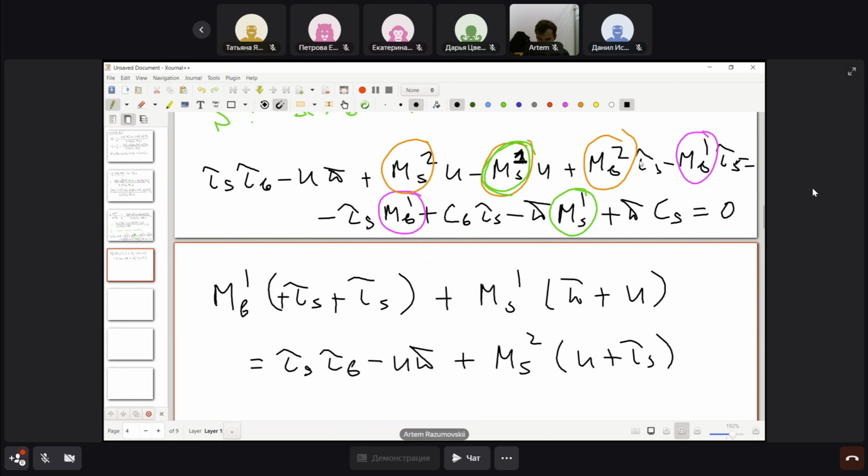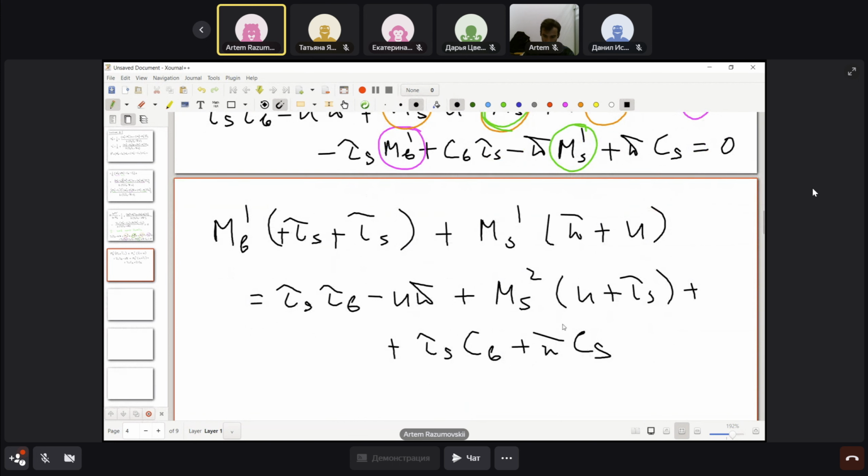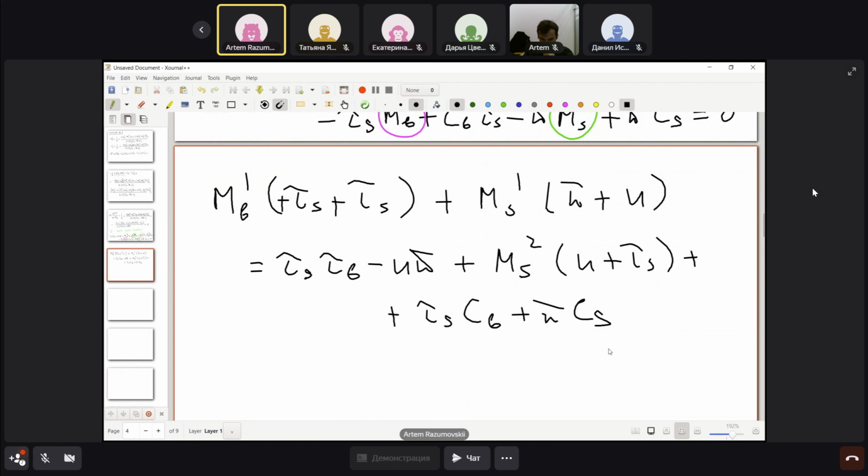And what is left is costs, right? So tau s cost for buyers plus p cost for sellers. Well, looks not that nice.